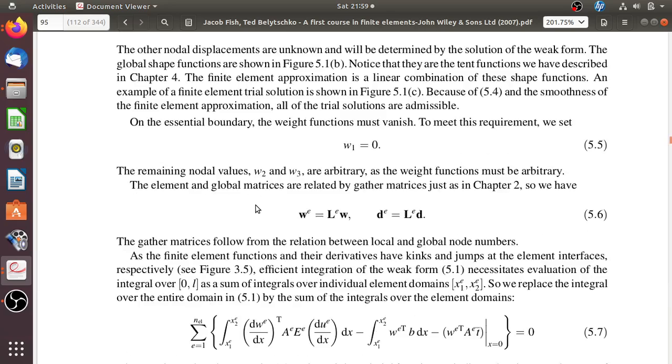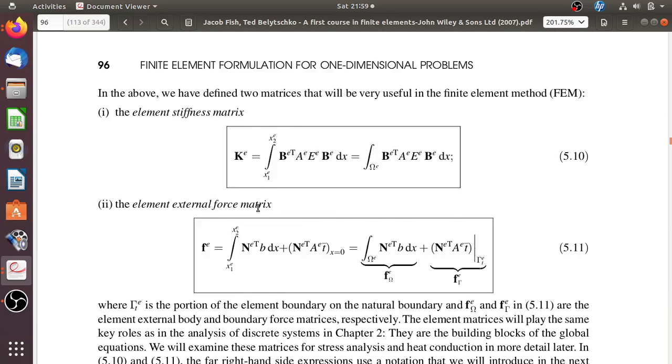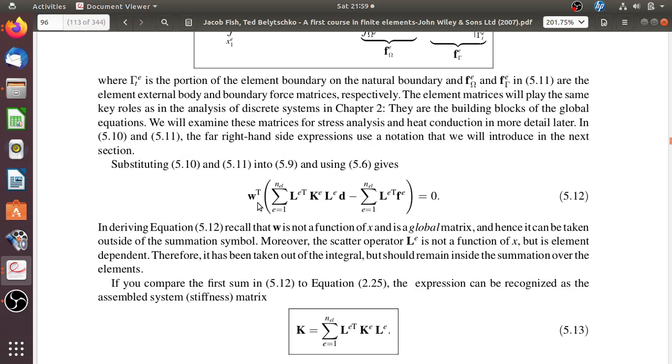The weak form is valid, but this equation has to be valid for any value of W. So any linear combination of this W function, the basis function of W, has to satisfy this weak form, which means this vector can take any arbitrary element values.